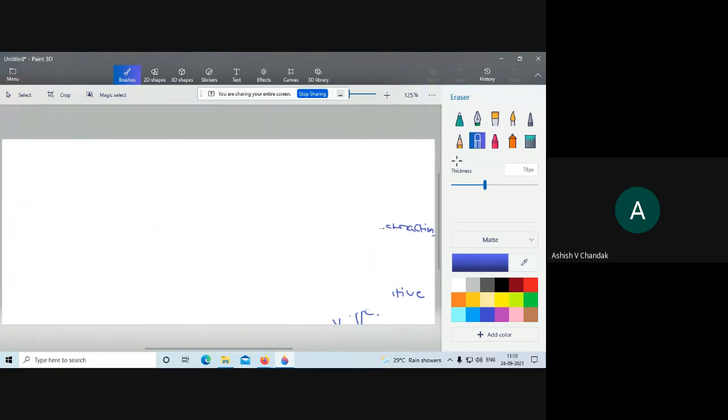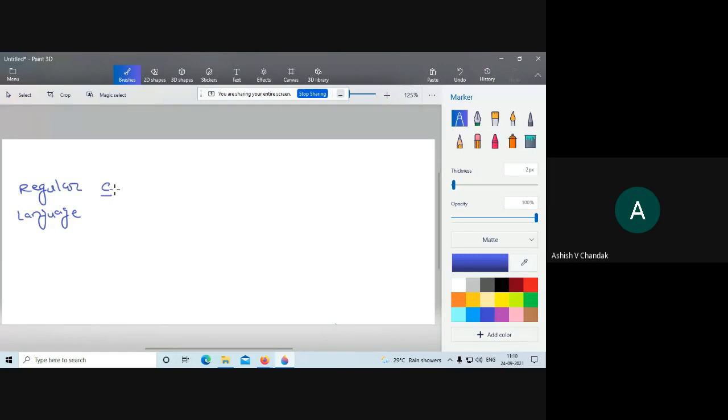Now, regular language is a subclass of context-free language. And context-free language is a subclass of, can you tell me?